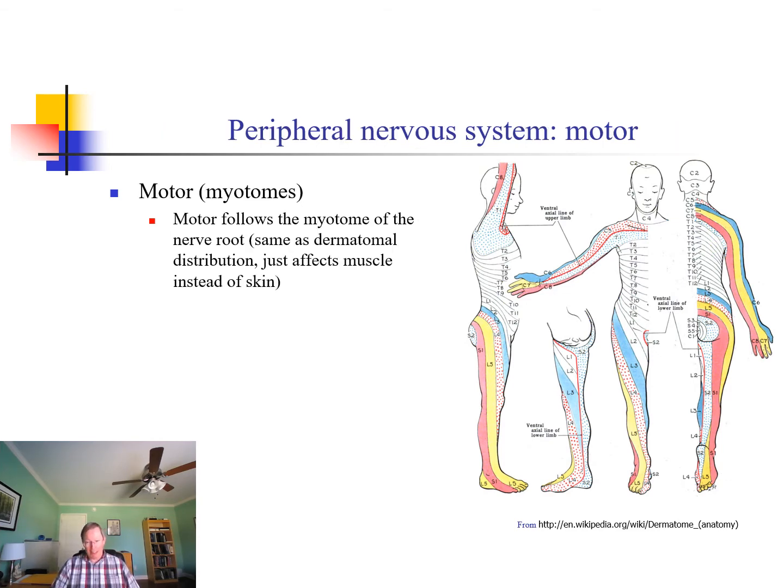Now, fortunately, from a learning standpoint, the muscle nerve roots follow the same distributions. Those are called myotomes. So the motor portion of the peripheral nervous system, remember, I will have my motor neurons on the upper portion in my brain that are coming from the opposite side of my frontal cortex, and they will cross down in the medulla at the pyramids and then go down the contralateral or opposite side and then exit.